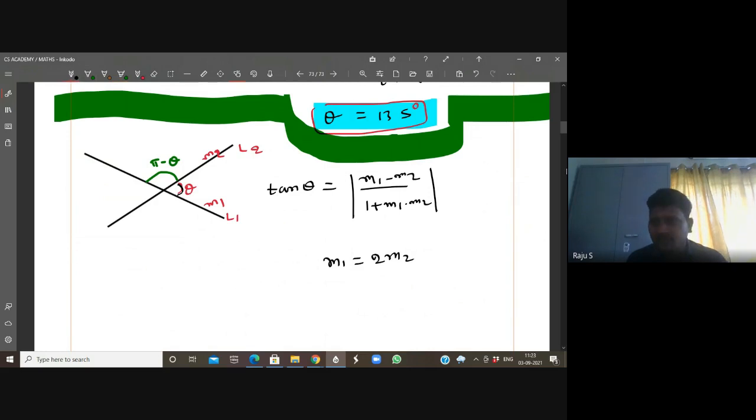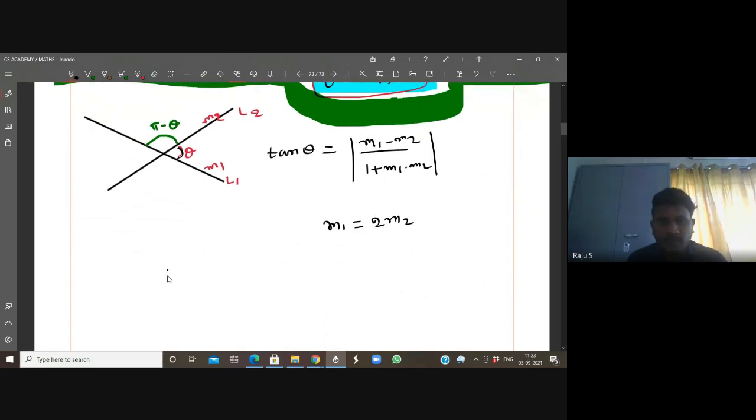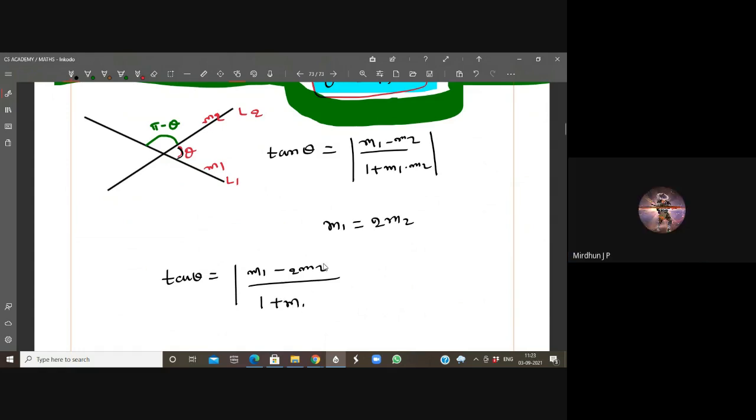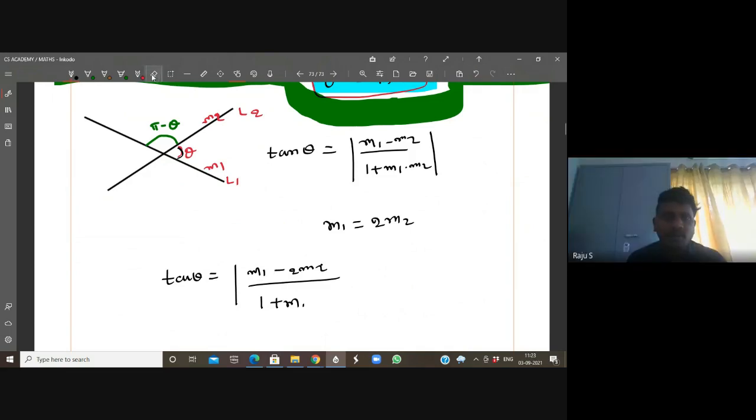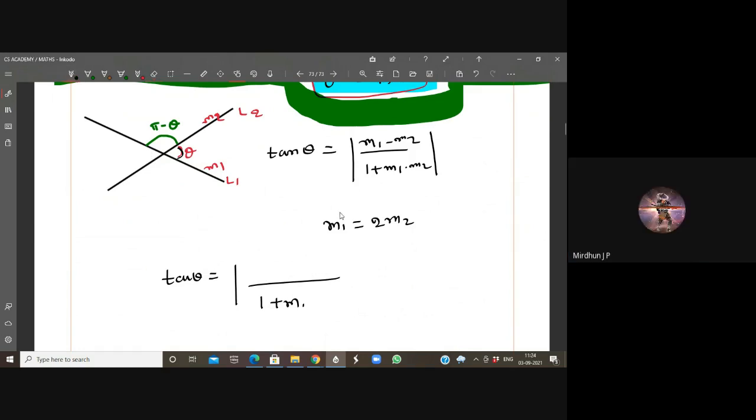Substitute the values here. Then tan theta is equal to the modulus of 2m2 minus m2 by 1 plus m1 m2, so we can convert it completely into m2. If we simplify, we will get 2m2 square minus 9m2 plus 1 is equal to 0.